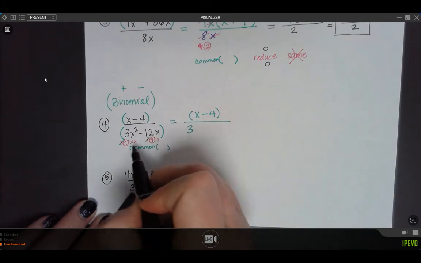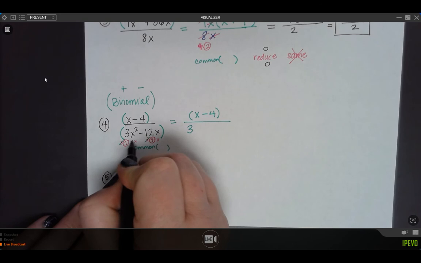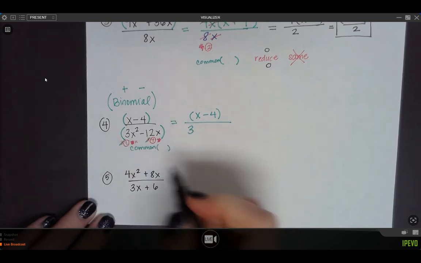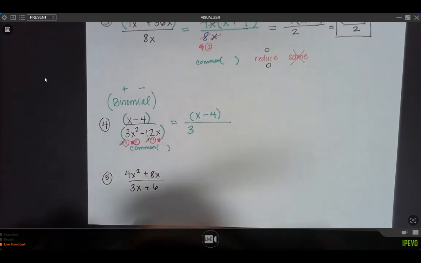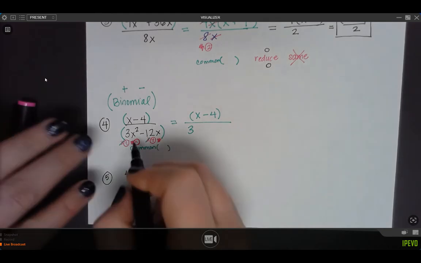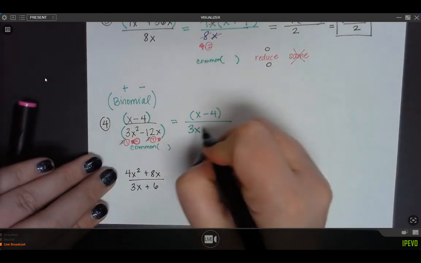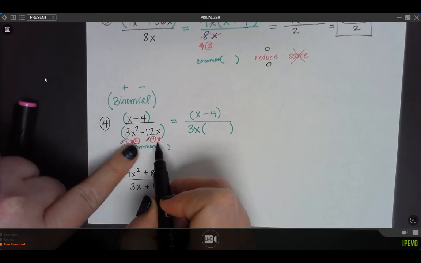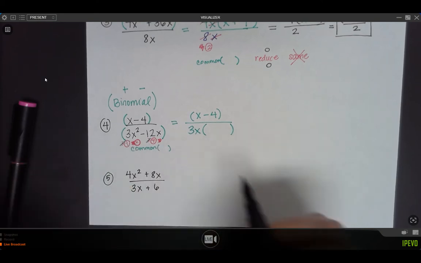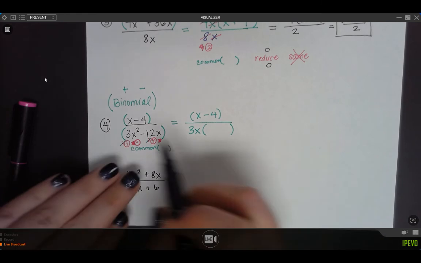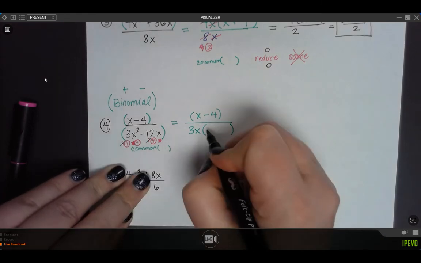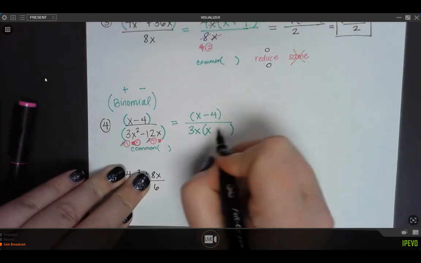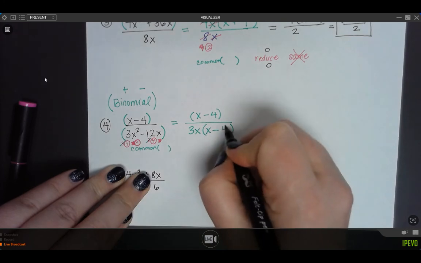I also notice they both have an x. So if I get rid of those x's, then I have 1x left over. So they both were divisible by 3, and they both had an x. So 3x came out. Let's look for those leftovers. 1x is left over, minus, and a 4 is left over.